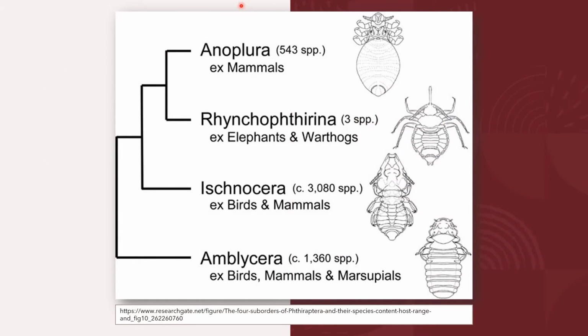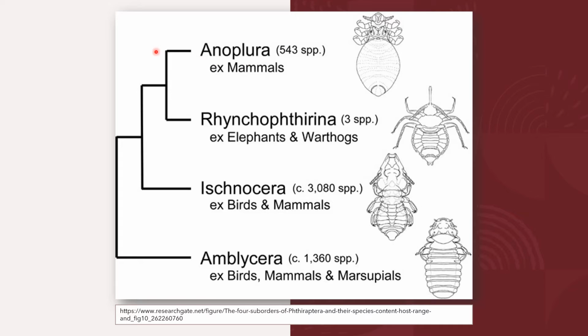This diagram shows the four suborders of the Pteroptera in their species content, host range, and phylogenetic relationship. The line here represents the phylogenetic relationship of the four suborders. Some references refer to these as groups, and some authors refer to these as suborders.